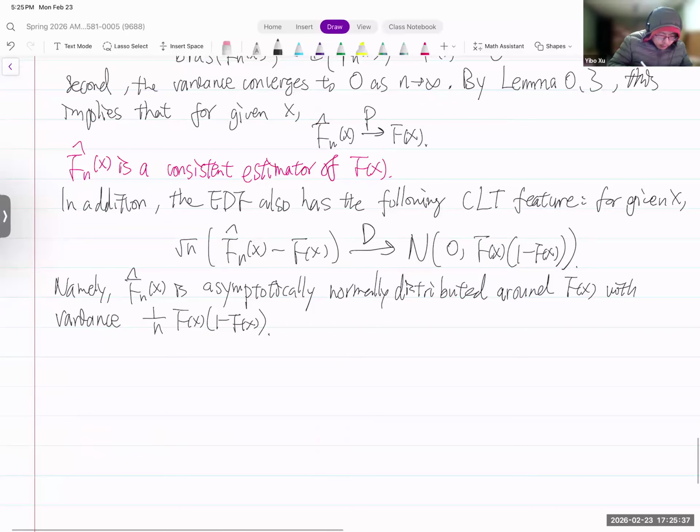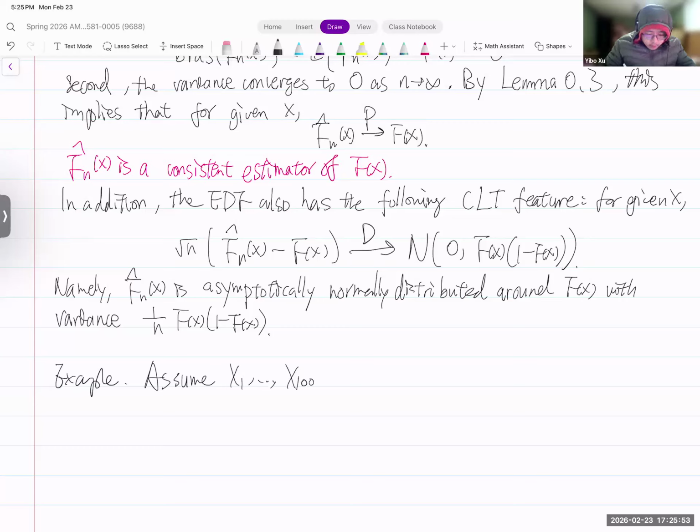So examples. Assume we have x1 all the way up to x100. They follow some distribution with capital F being the CDF, where capital F is a uniform distribution over the interval from 0 to 2.